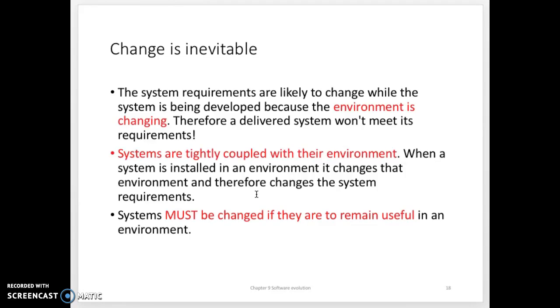For example, software that used to work on Windows 7, and then Windows 8 came up, has to adapt to Windows 8 in order to remain useful. Systems must be changed if they are to remain useful in the environment.